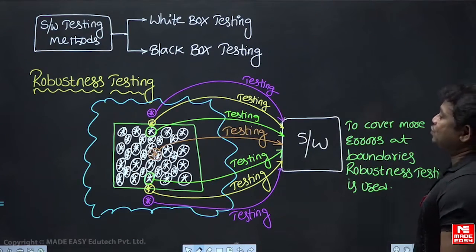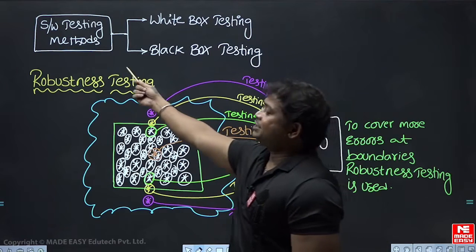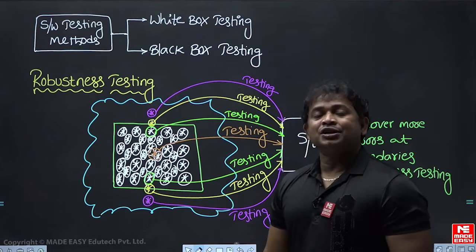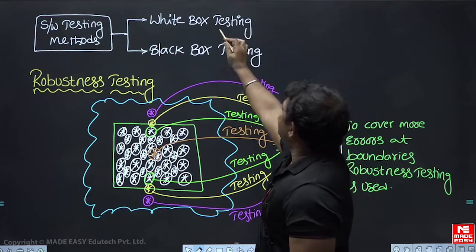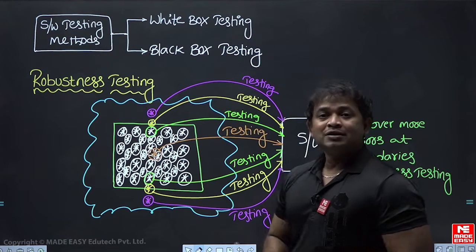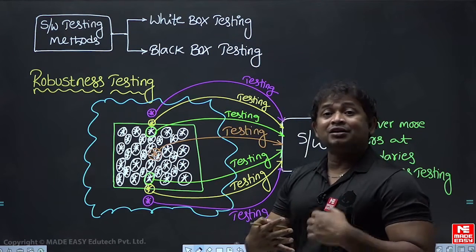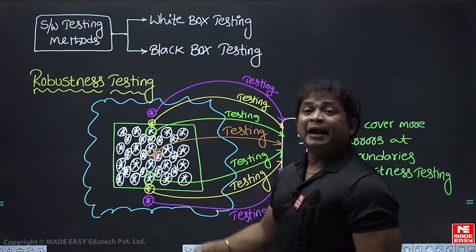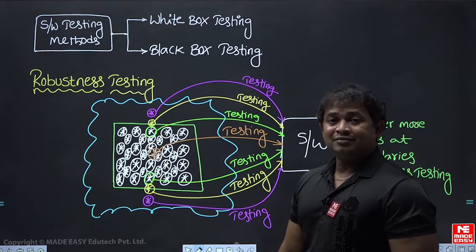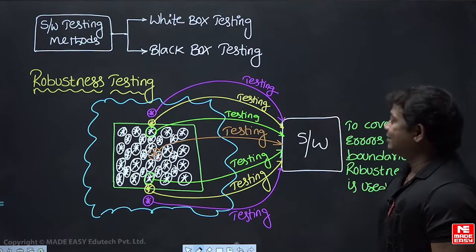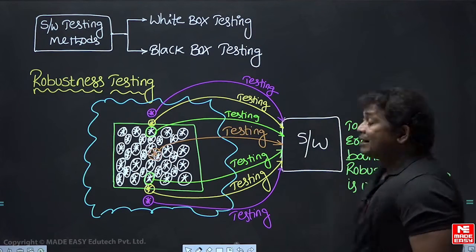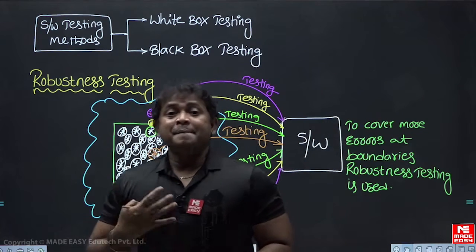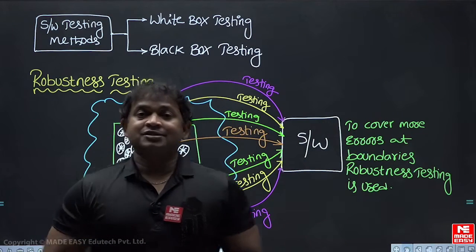Software testing has two types: one is white box, the second is black box. Our current discussion, robustness testing, comes under the black box category. So what is the major objective of robustness testing?